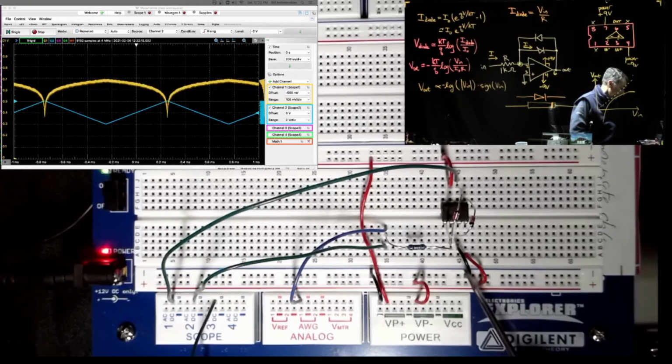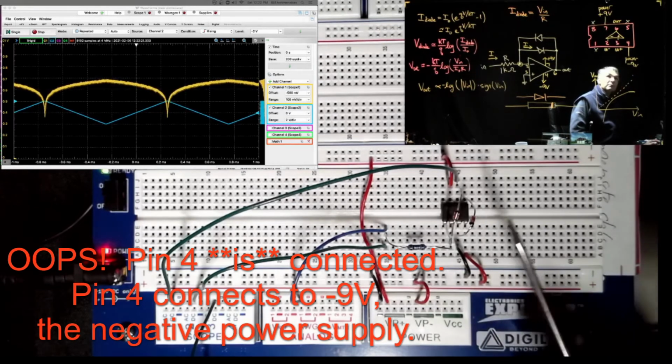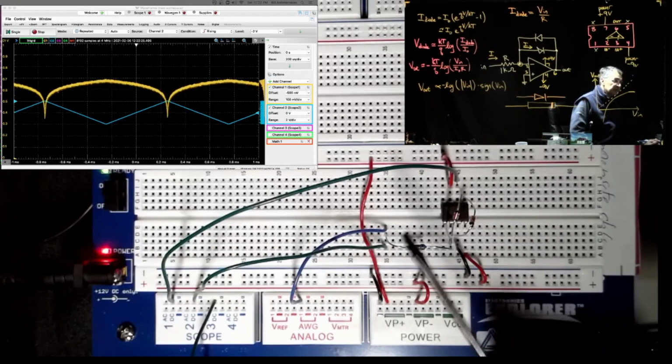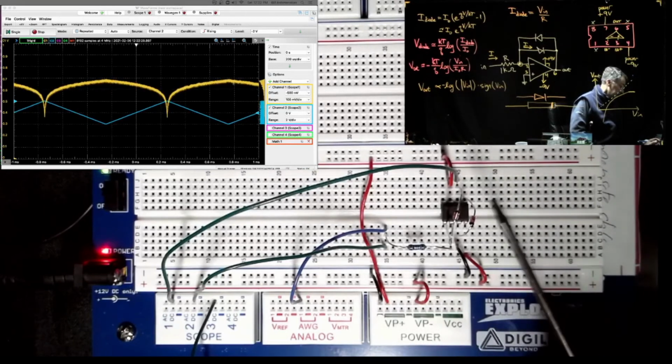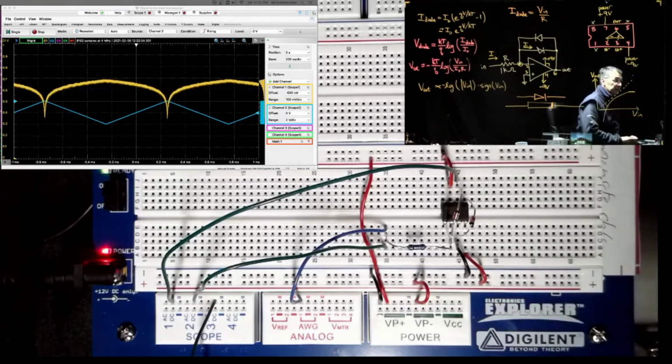And then this black wire is connecting pin 3, the non-inverting input, down to ground. Pin 4 is not connected. Pin 5 is not connected. We already talked about pin 6. The other thing going into pin 6 here is scope channel 1, the yellow scope channel. And then pin 7 is going up to positive power, plus 9 volts.